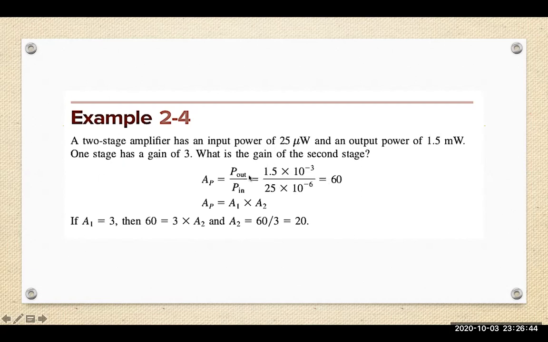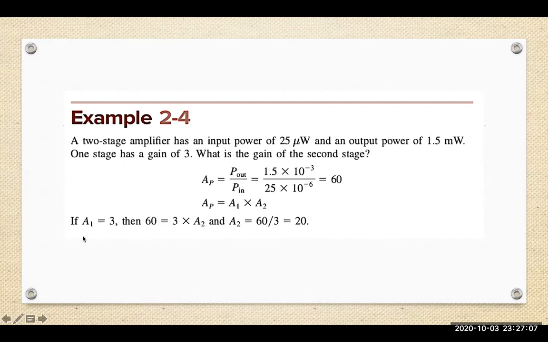Since this is the total power gain of the two-stage cascaded amplifier, remember that to find the power gain of a two-stage amplifier, we have to multiply their gains, right?